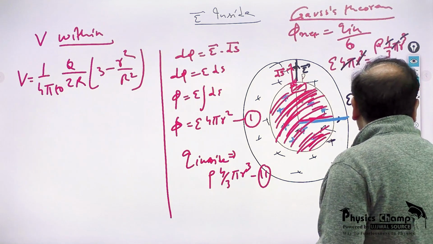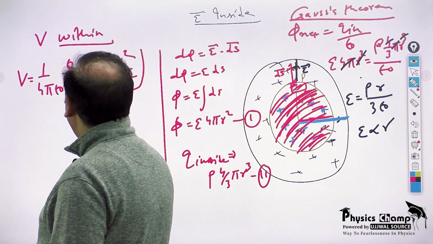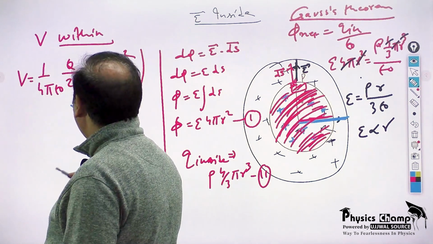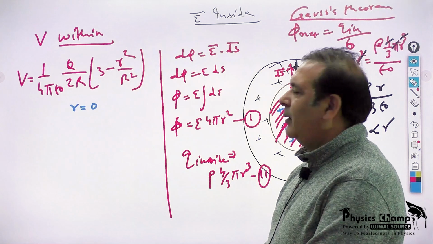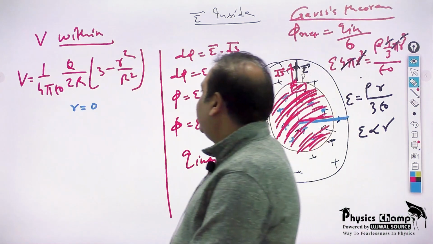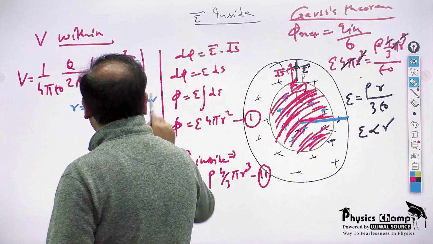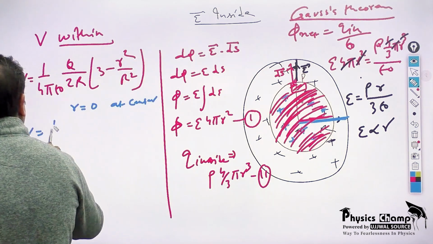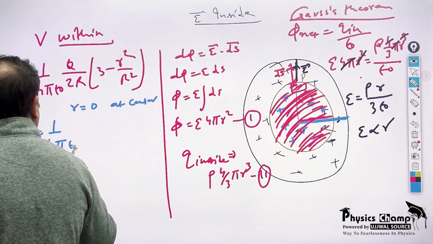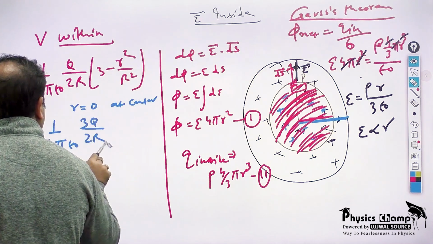Now in this arrangement, for small r equal to 0, it means at center. The potential will be 1 by 4 pi epsilon naught 3Q by 2R.